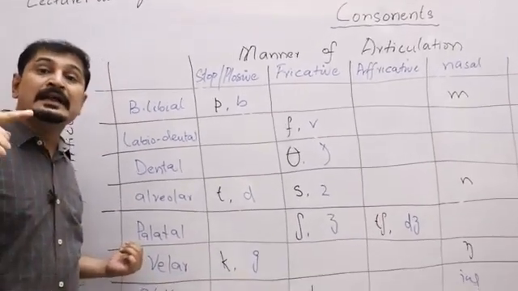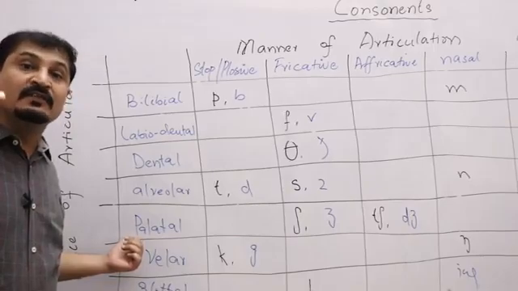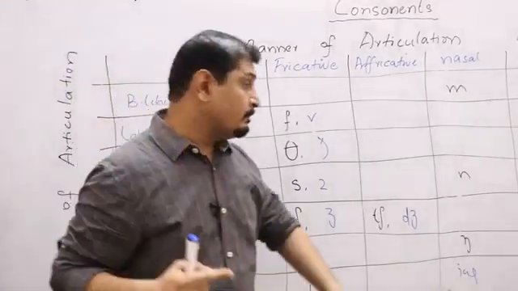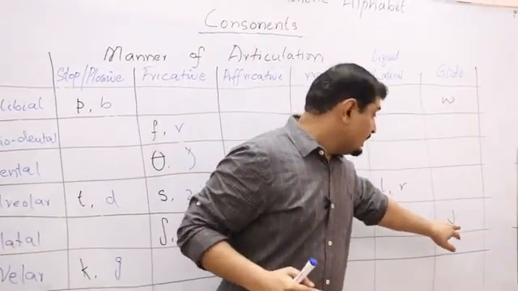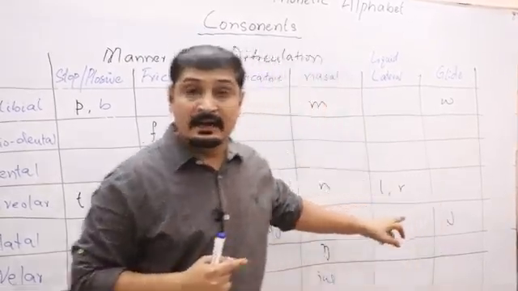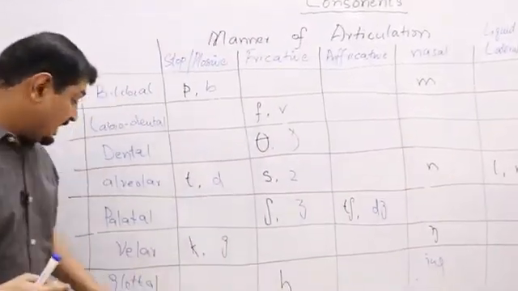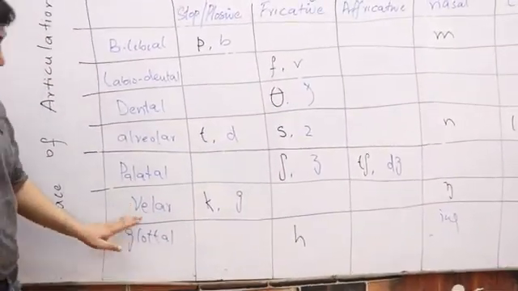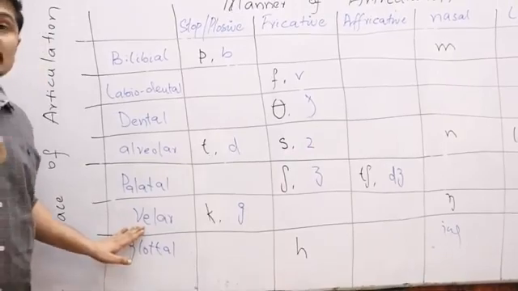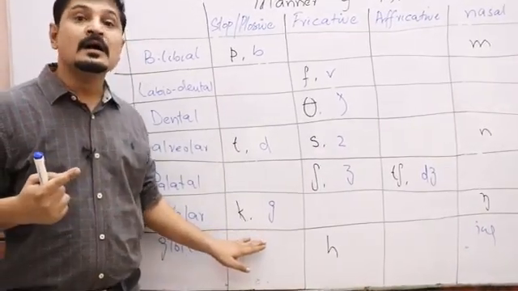That means the soft roof of our mouth will touch the middle part of the tongue. Yeah, yeah. The sound is referred to as y, yeah. And then we have another sound, which is velar, which is here before the glottal, and it is pronounced as k.